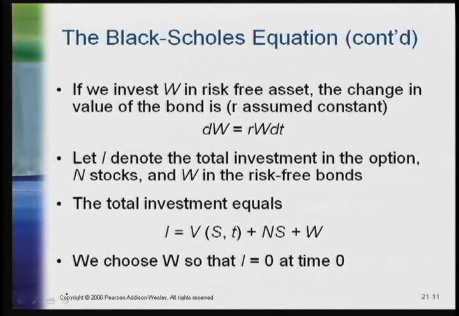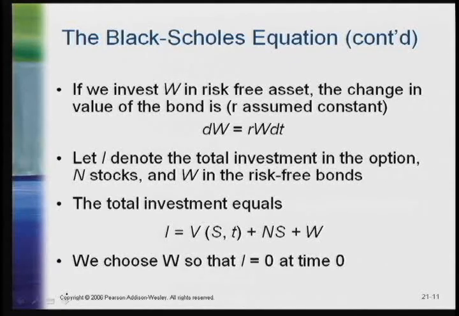And now what we're going to do is create a portfolio, and there are many ways of deriving the Black-Scholes differential equation. One is to create a portfolio which is the option plus a certain number of stock and show that it's a T-bill.